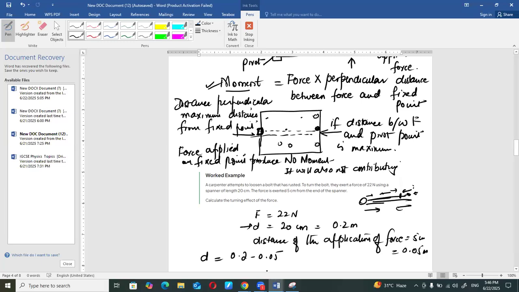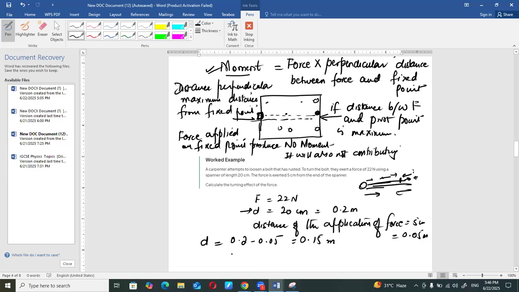Let me quickly calculate it. 0.2 minus 0.05 gives you 0.15 meters.